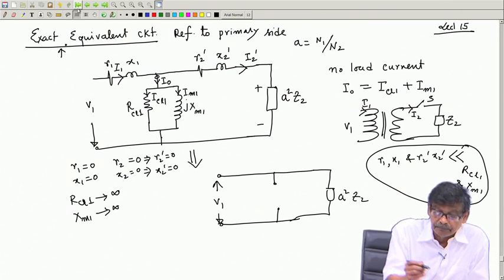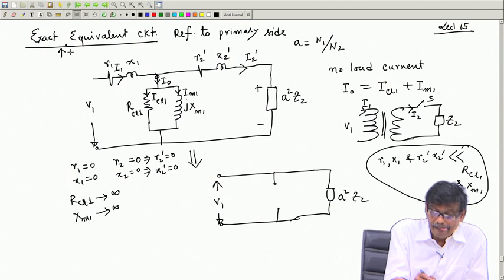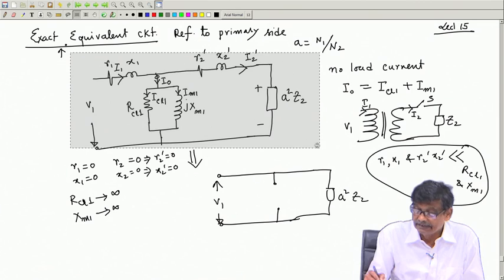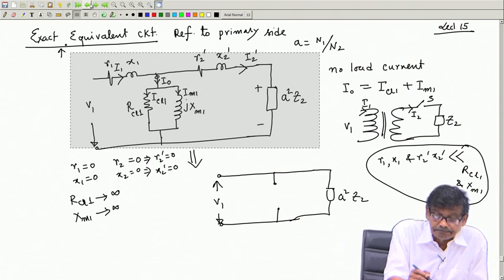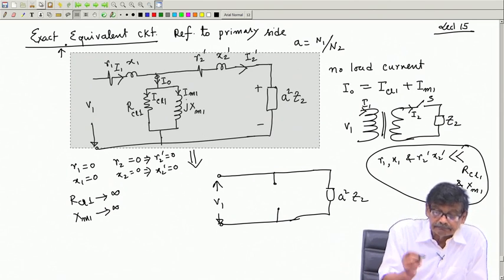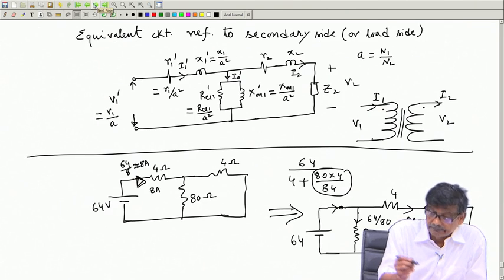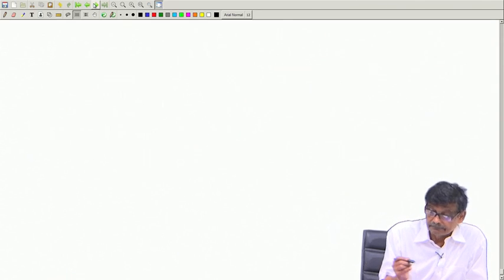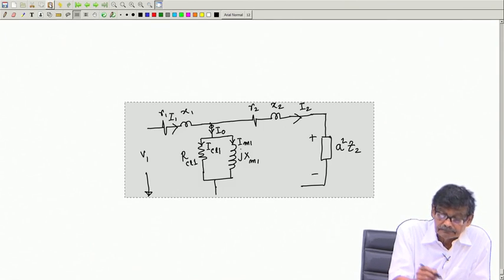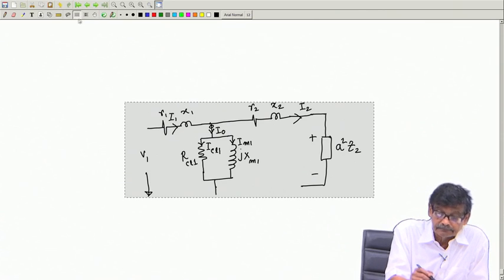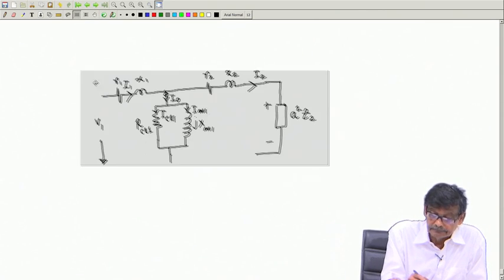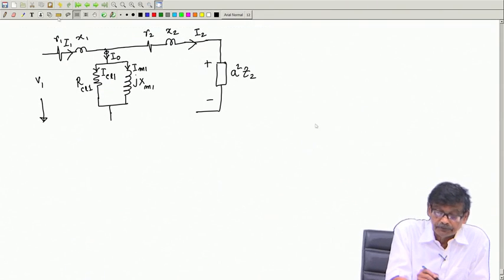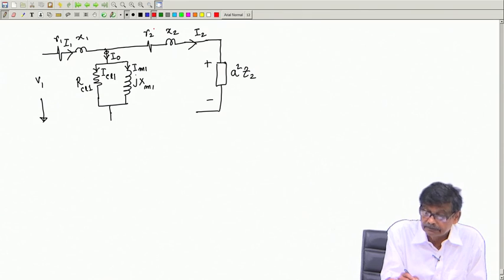For example, suppose this is the circuit; suppose these could not be copied.